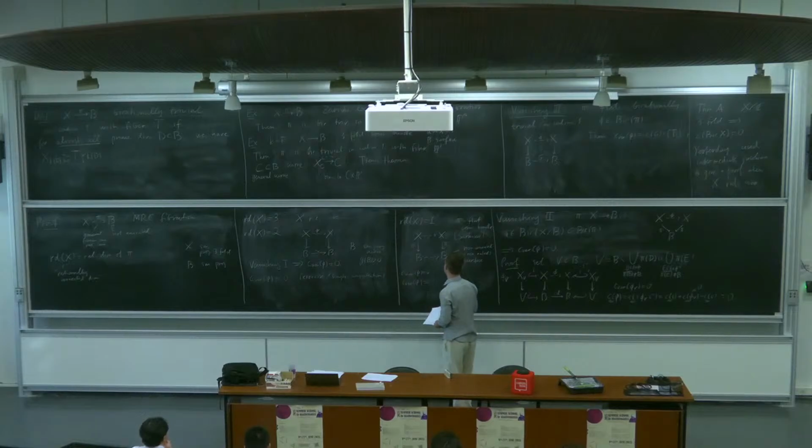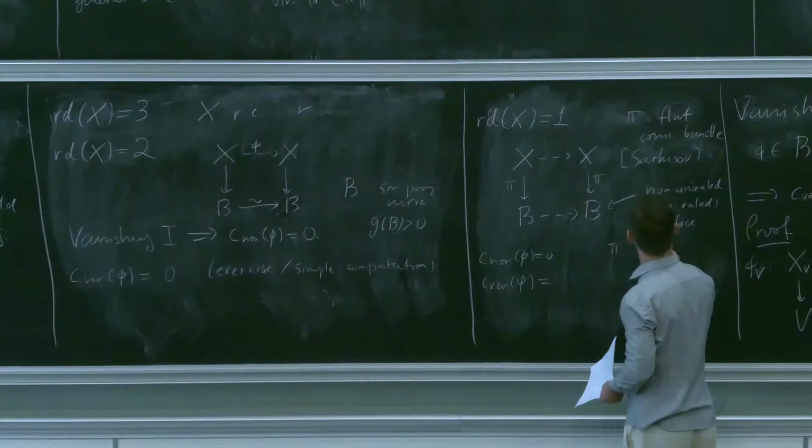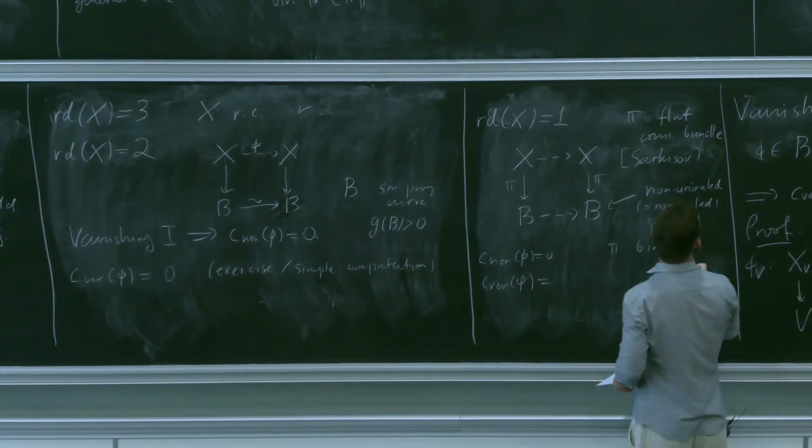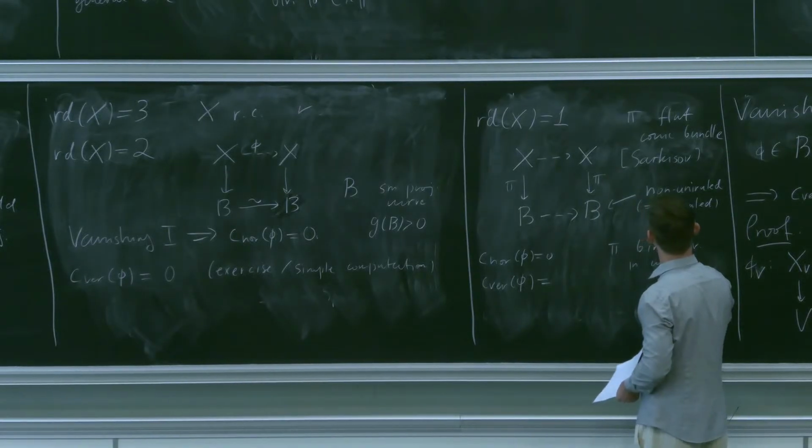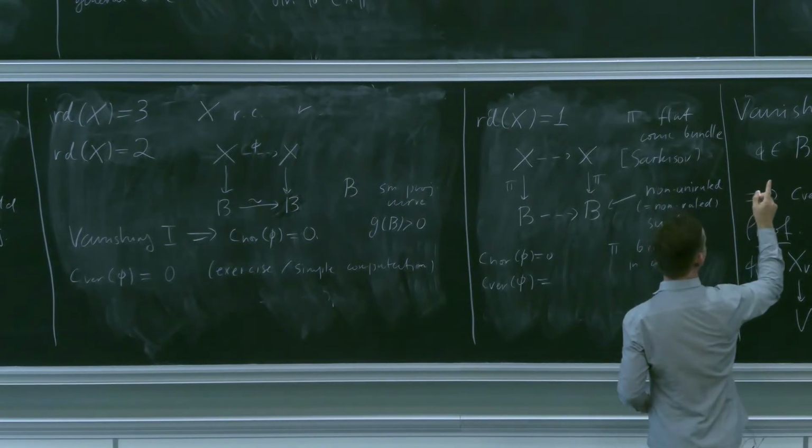So the point is that pi is birationally trivial in codimension 1, so we can apply vanishing 3.